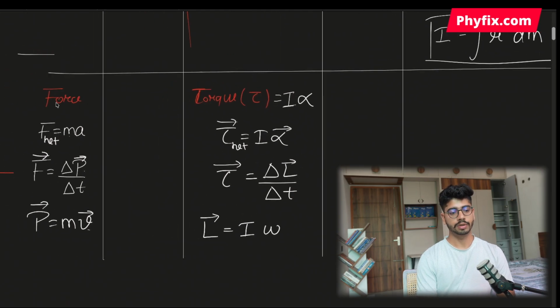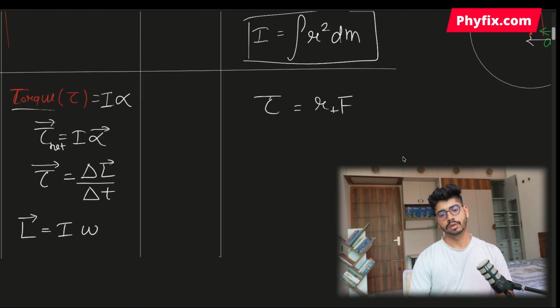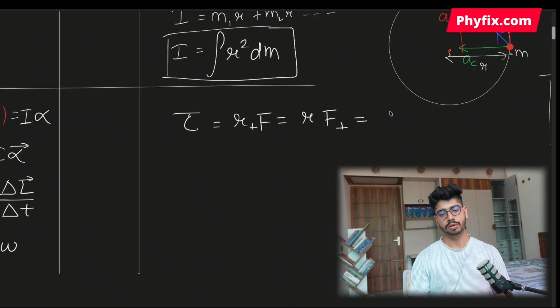And what is the relationship between the force and the torque? The torque that we calculated, that is R times F perpendicular, is equal to, I may make a short video for that also, R F perpendicular, and these are the perpendicular values that we have.